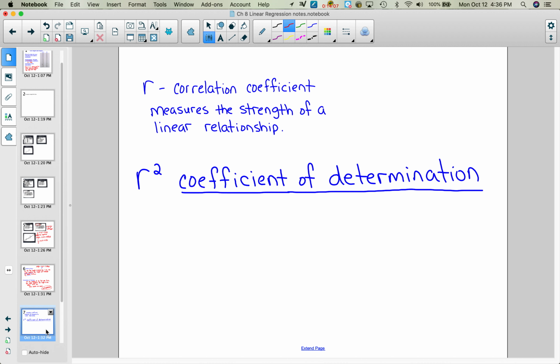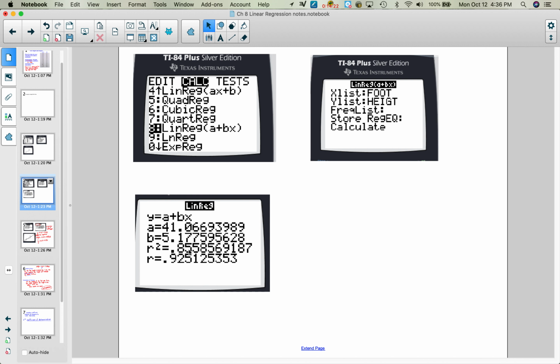That is called the coefficient of determination, and it has an interpretation as well. How do you get R squared? You square the R. Yep, it's that easy. If you took this value of R and squared it, you would get this value right here, approximately 0.86 if rounded to 2 decimal places.